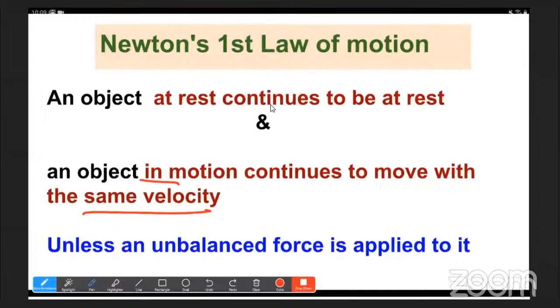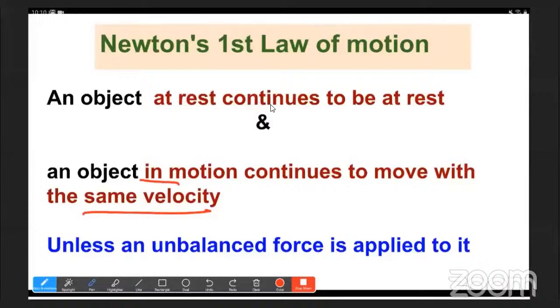So here, if the object is at rest, it continuously stays at rest only. If we apply any external force to that resting object, then only the object will move. Otherwise, the object continues to be at rest only. Right?